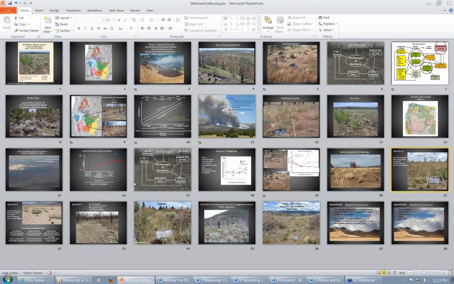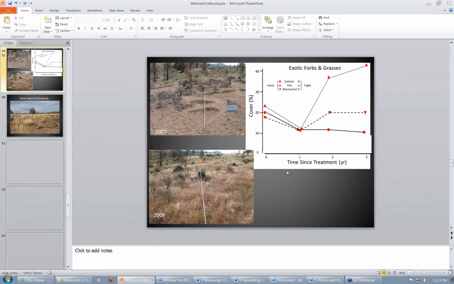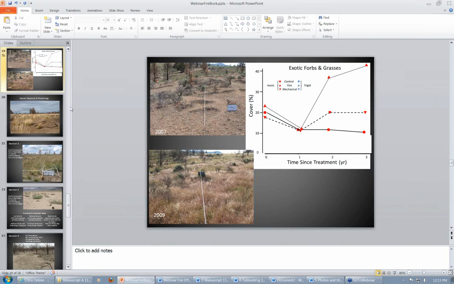Another example where we saw just the opposite happen is this site here in 2007. That site was primarily Sandberg's bluegrass, and this is a relatively deep soil. So Sandberg's bluegrass should not have been the dominant grass on that site. It should have been probably bluebunch, and probably Thurber's needlegrass on this particular site.